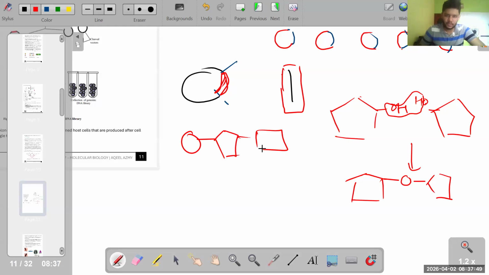Alright? Okay. Where can we see hydrogen bonds? Now this is easy. Can you remember adenine, guanine, cytosine, thymine, uracil? What are they? Nitrogenous bases. So between nitrogenous bases, what is the bond that is present?